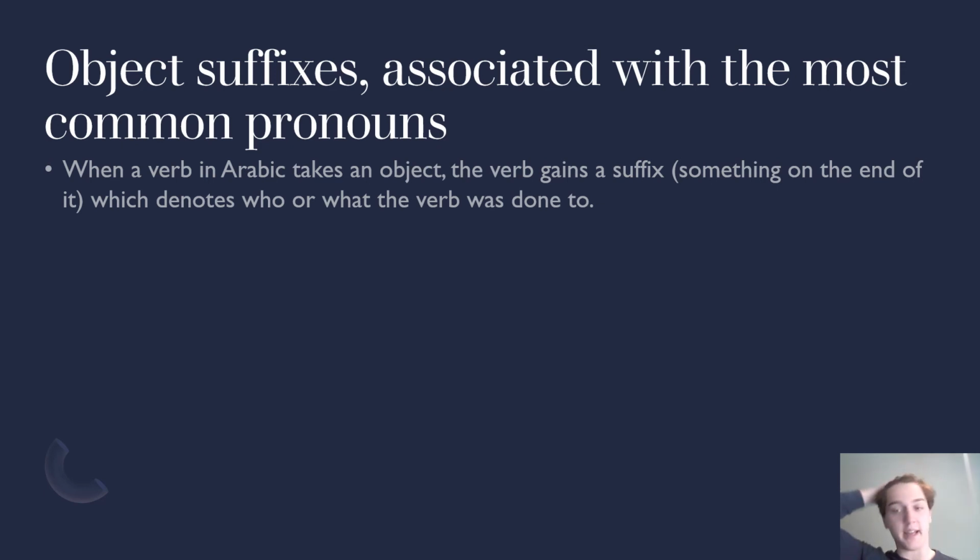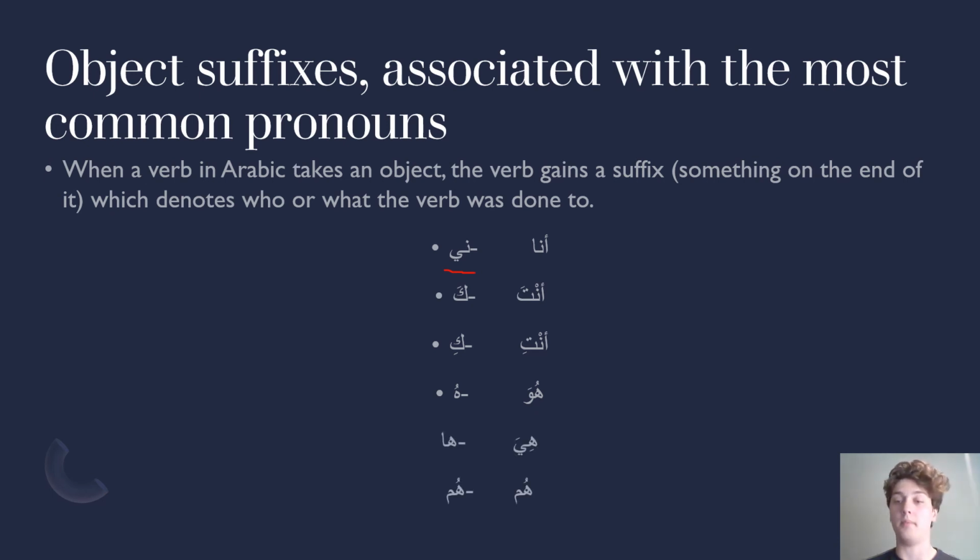What's interesting is that it attaches to the verb in Arabic, so it becomes one word, which is unlike most other languages which I've studied. So ana turns to ni as an object suffix at the end of the verb, and if you don't understand what I mean, I'll give you some examples in a minute. Anta goes to ka, anti goes to ki, huwa goes to hu, hiya goes to ha, and hum goes to hum. Interestingly, this stays the same.